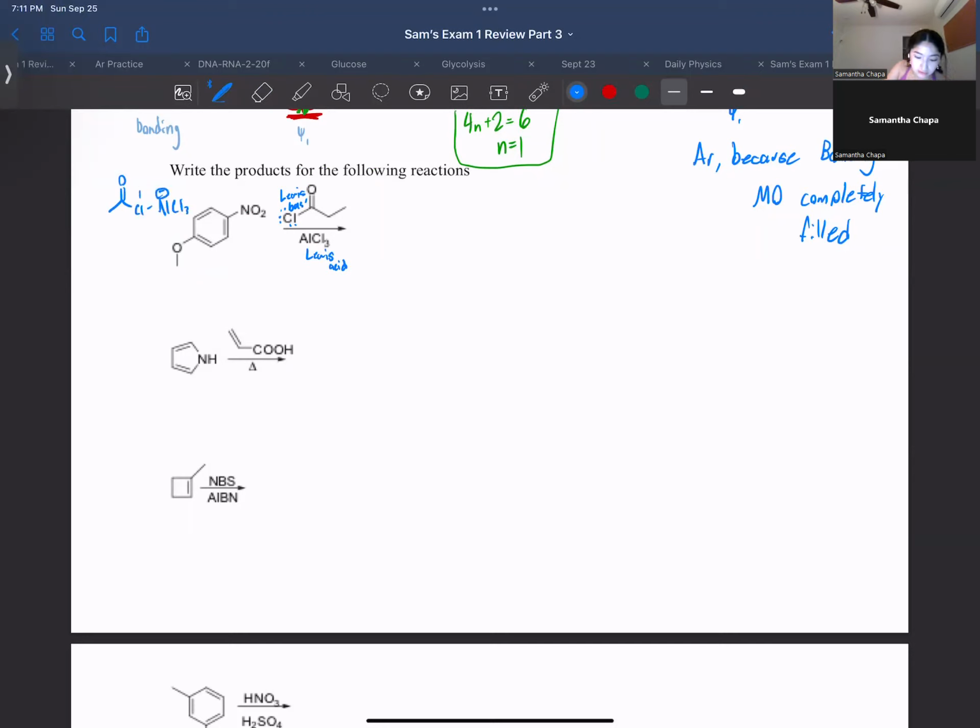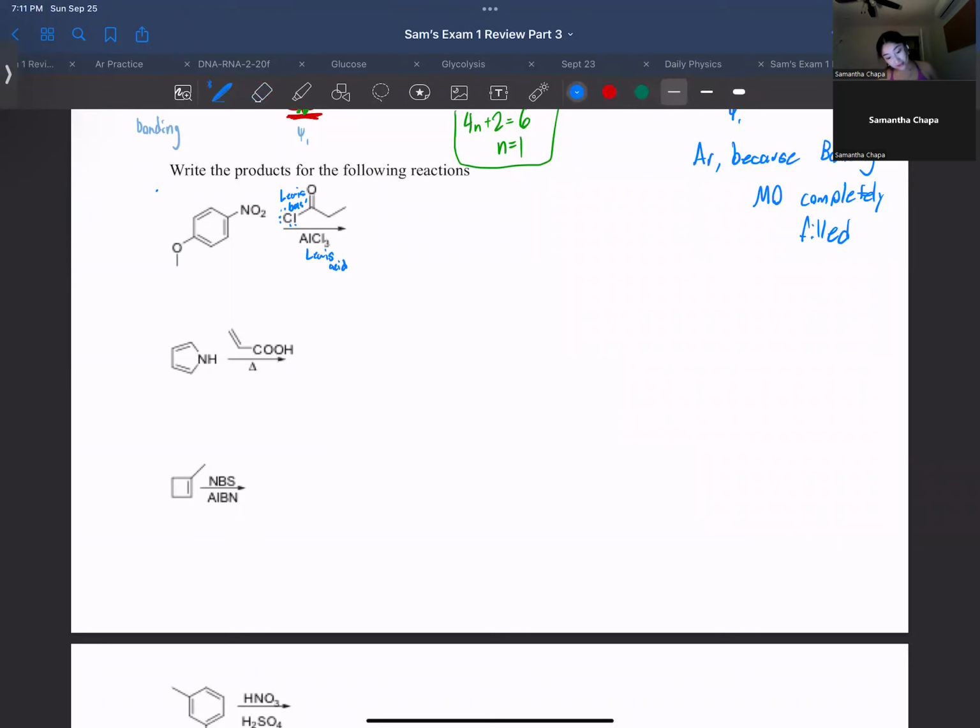You'll have a negative charge on your aluminum and a positive charge on your chlorine. So that's the complex that it makes. I'm not going to show you the whole mechanism for it, just the complex that it makes. And it's important to know what is your Lewis acid and what is your Lewis base.